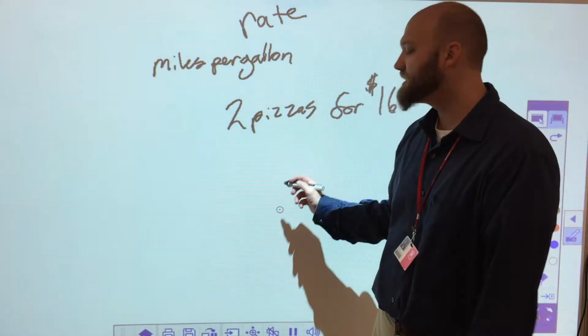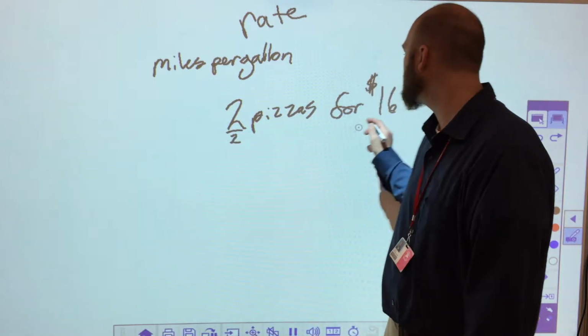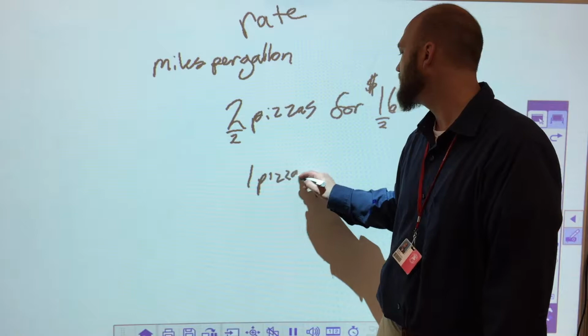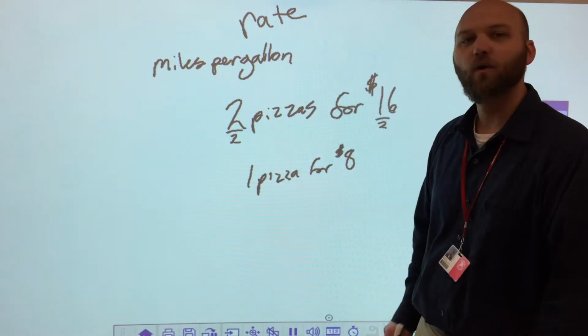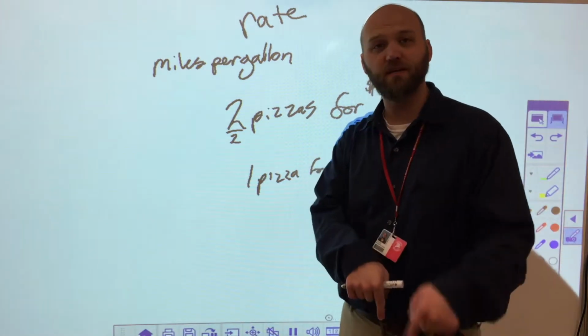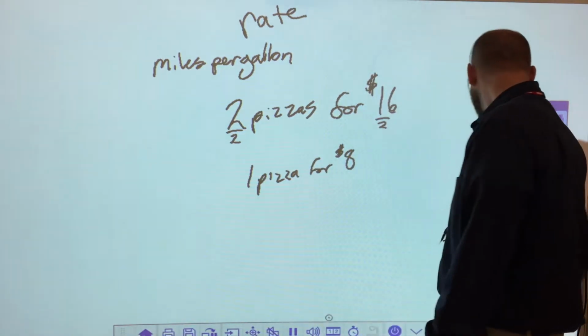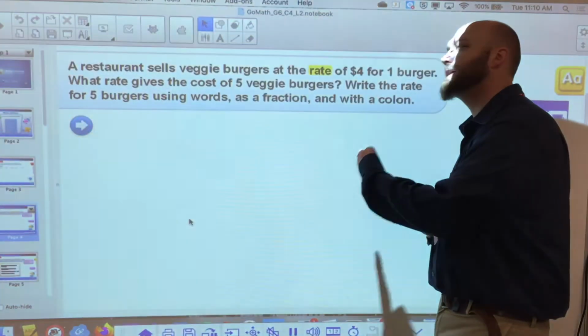Well, I want to simplify it. Now I know 2 pizzas for $16. If I divide each by 2, I would get 1 pizza for $8. Or $8 per pizza. So that per tells me I have a unit rate, right? $8 per pizza.